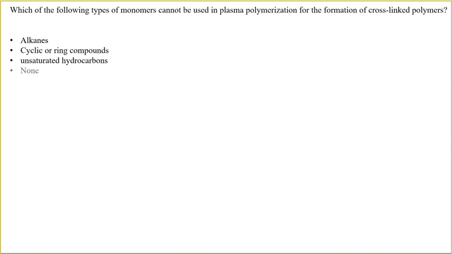And that is the exact reason why alkanes, cyclic or ring compounds, and unsaturated hydrocarbons, which are mentioned right here, cannot withstand that kind of agitation, and they are not suitable for this kind of cross-linking process. So that is the exact reason why none of these are suitable for the plasma polymerization reaction.